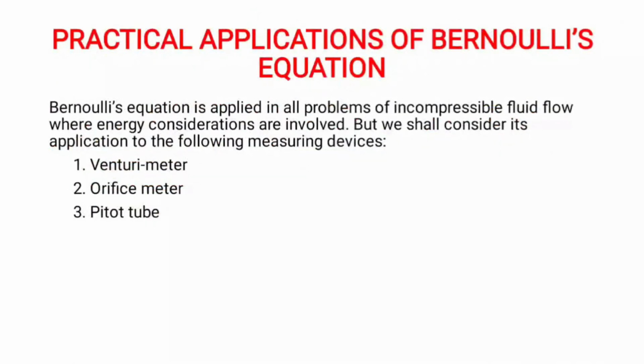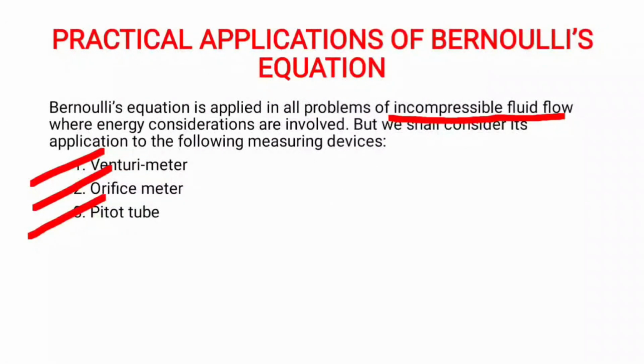Next one is practical applications of Bernoulli's equation. The Bernoulli's equation is applied in all problems of incompressible fluid flow. If the flow is incompressible, the Bernoulli's equation is applicable. There are three measuring devices, namely Venturimeter, Orifice meter, and Pitot tube, which are practical applications of Bernoulli's equation.